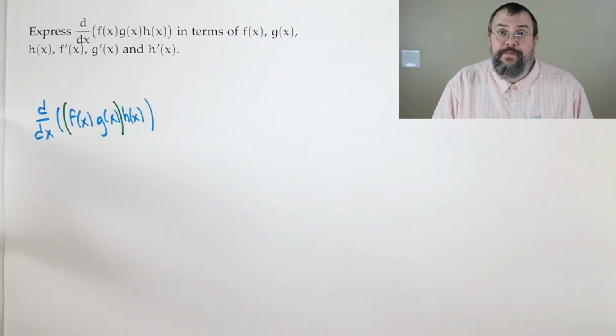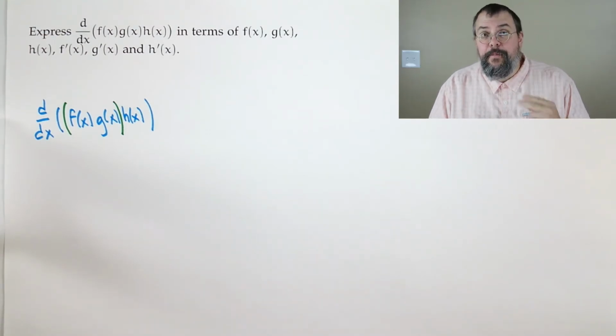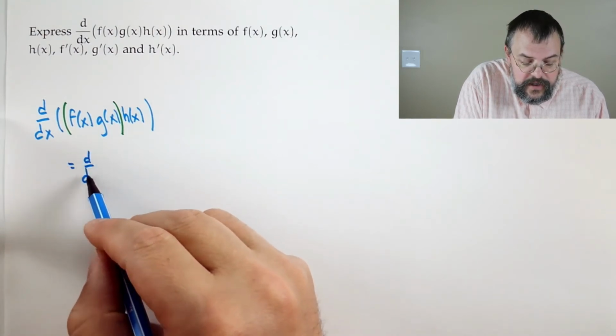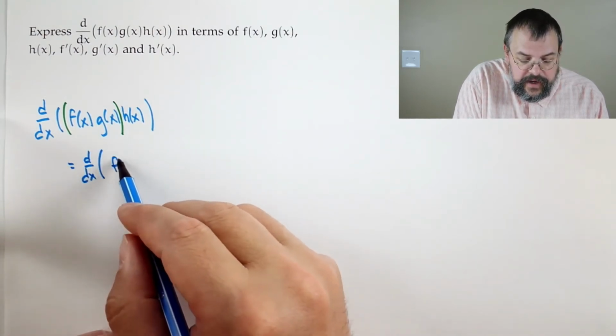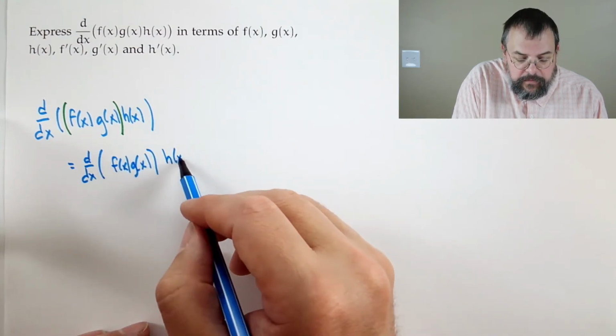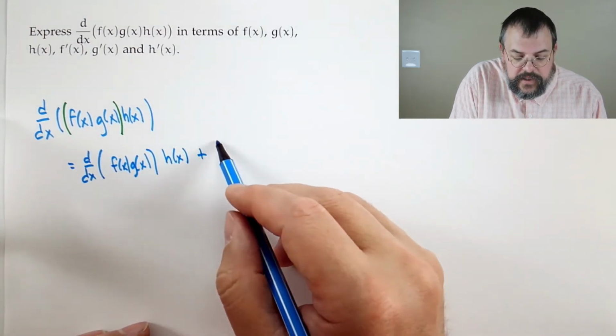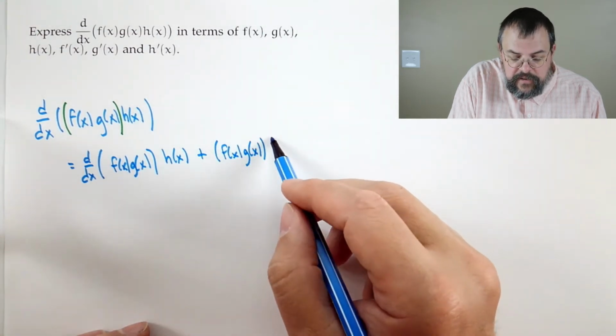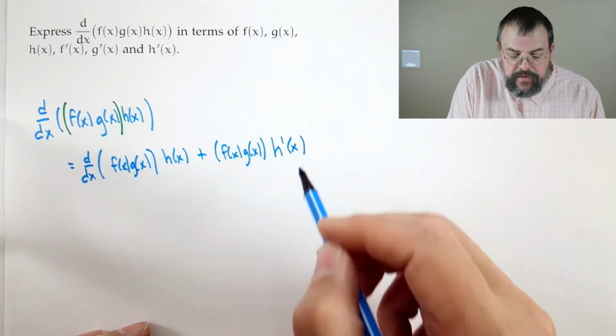So I can apply the product rule because now I have my 2 parts. So the product rule says take the derivative of the first, so the derivative of f of x times g of x, times the second, plus the first, f of x times g of x, times the derivative of the second. And the derivative of the second is h prime of x.